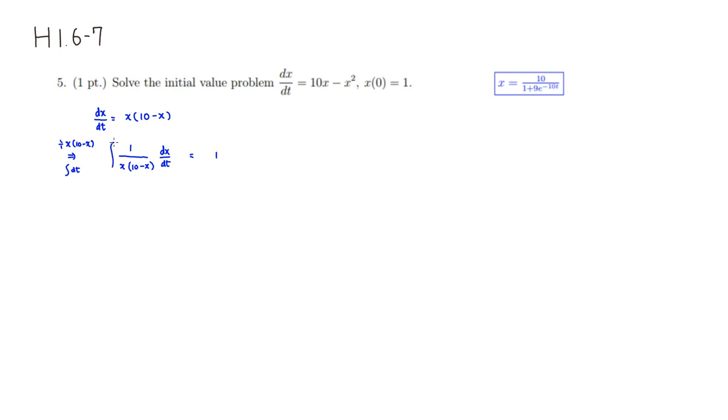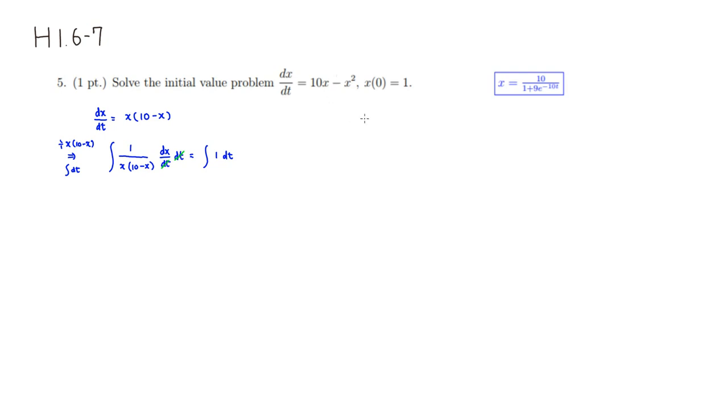So we can cancel out the dt here, so it's integral with respect to x. Alright, then what we want to do is find partial fractions. So let's do that on the side.